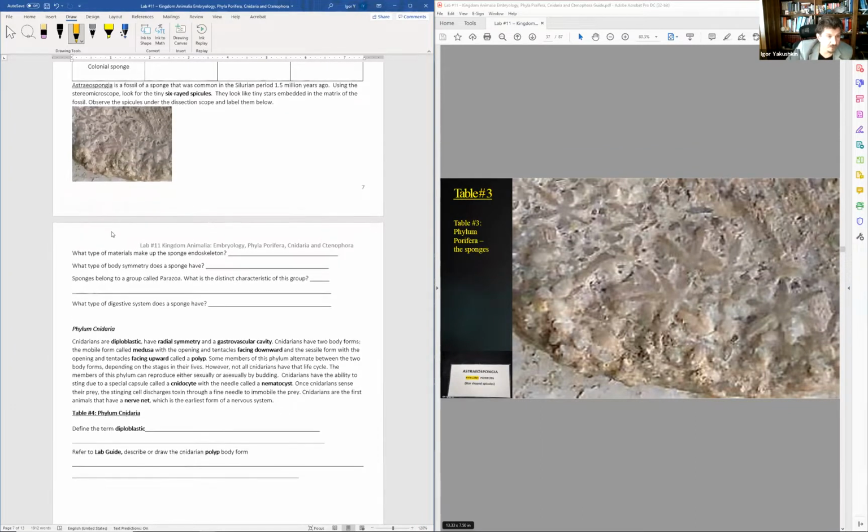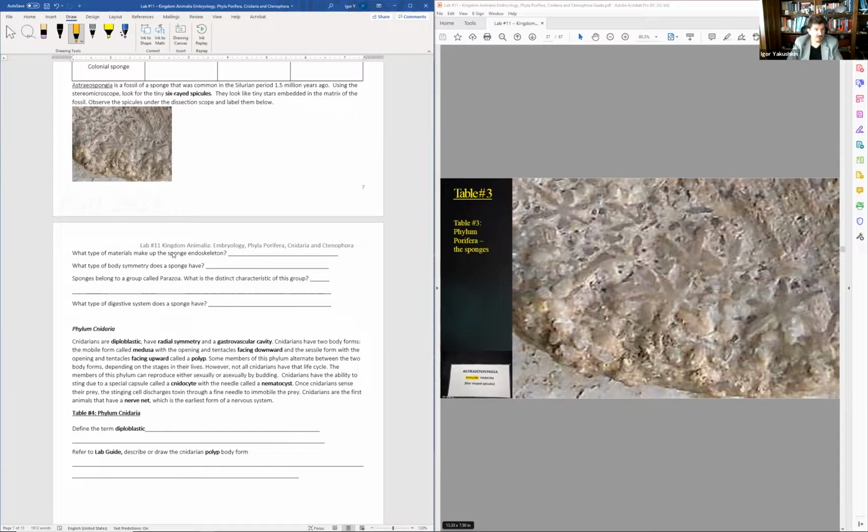So what type of material makes up the sponge skeleton? Two: either calcium carbonate, like you see right here, or silica dioxide, SiO2, the most common chemical on the face of the earth, right? The most common mineral on the face of the earth.